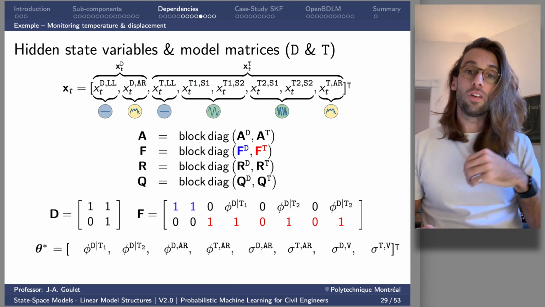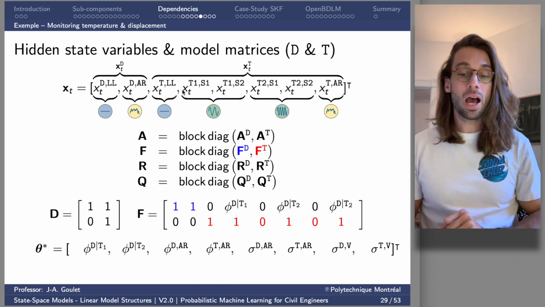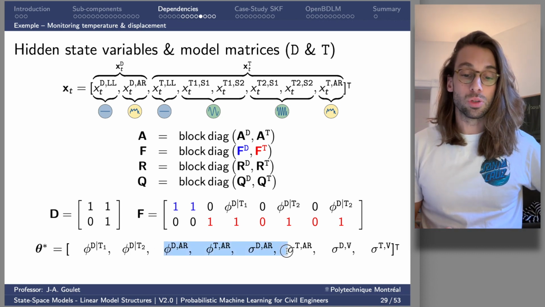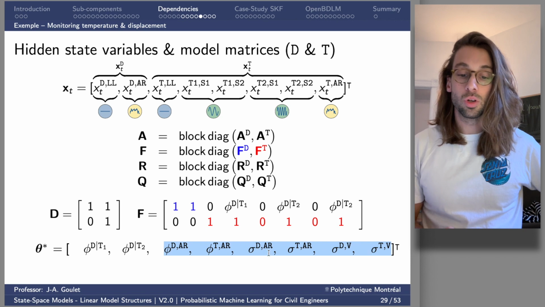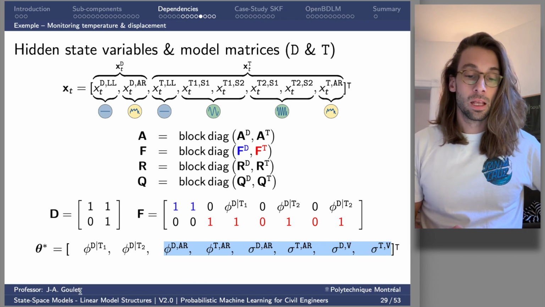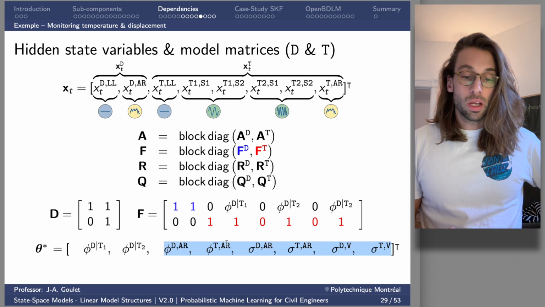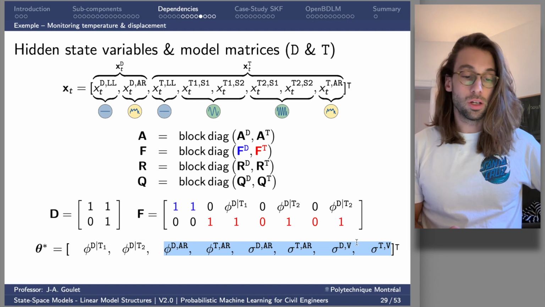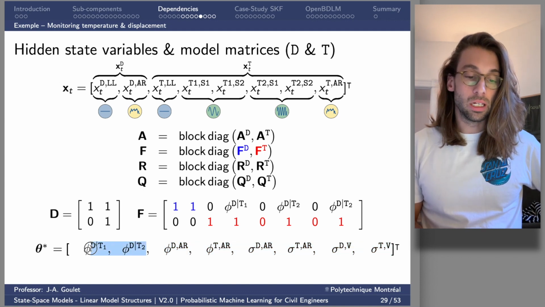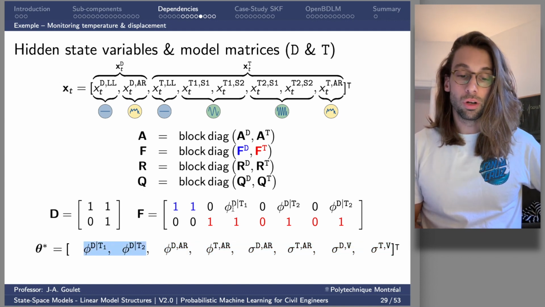So my global vector of parameters that I need to optimize includes the 6 parameters I've defined before. So the autoregressive coefficient, the standard deviation for the autoregressive process, and the standard deviation for the observation errors, okay? The last 2 parameters that I need to infer are these 2 regression coefficients.